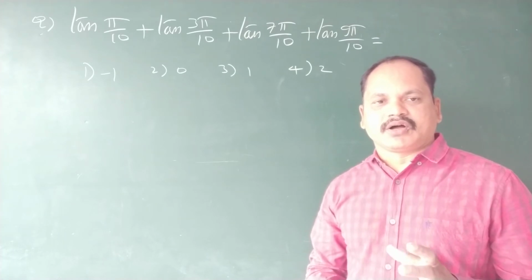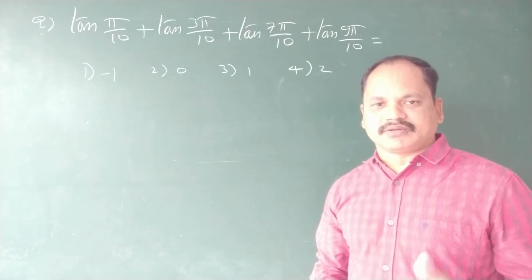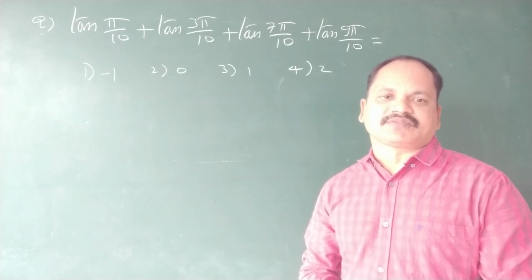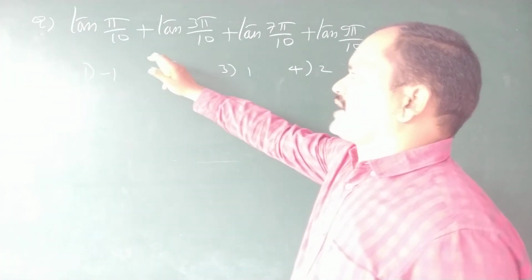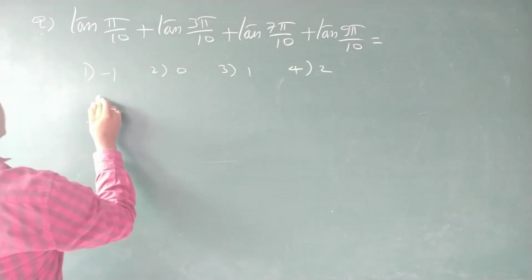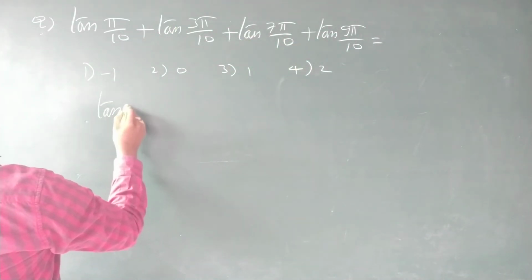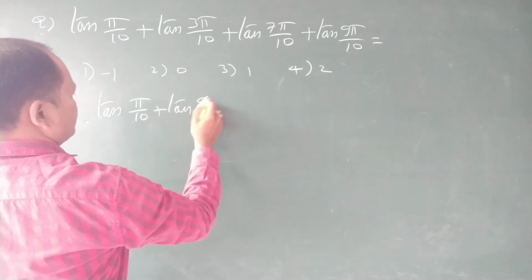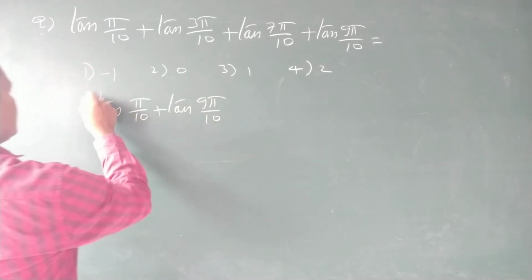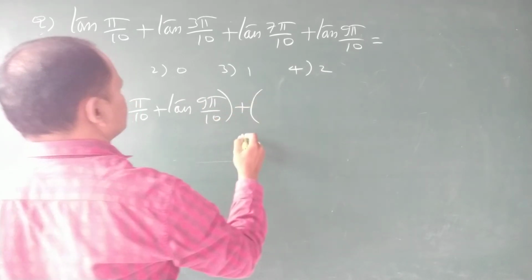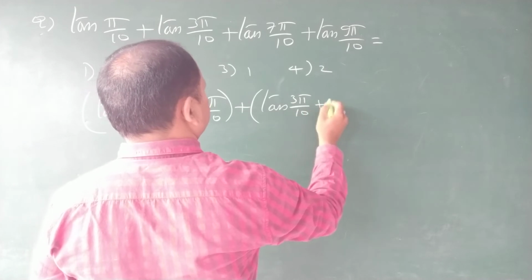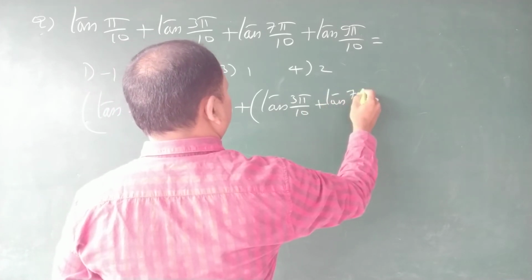If alpha plus beta is pi, then tan alpha plus tan beta is 0, cos alpha plus cos beta is 0, like that. That's why we arrange the supplementary angles: tan pi by 10 plus tan 9 pi by 10 in one bracket, plus tan 3 pi by 10 plus tan 7 pi by 10.